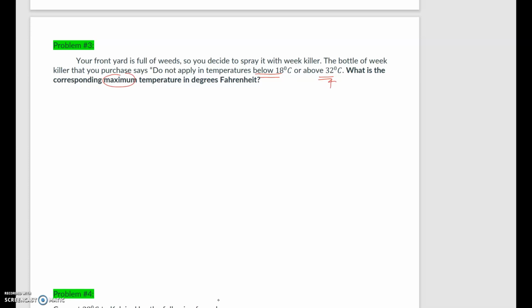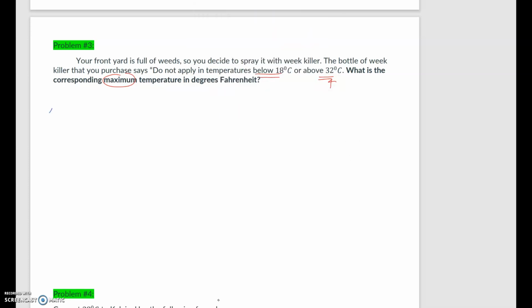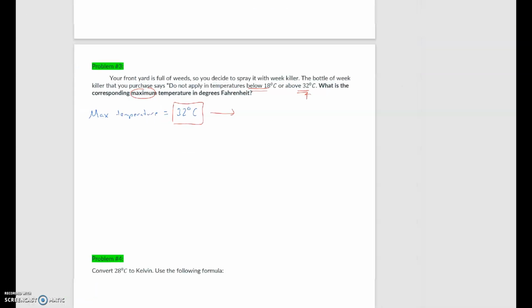So your maximum temperature is going to be 32 degrees Celsius. So let me rewrite it as maximum is equal to 32 degrees Celsius. And we're going to express this measurement in Fahrenheit.